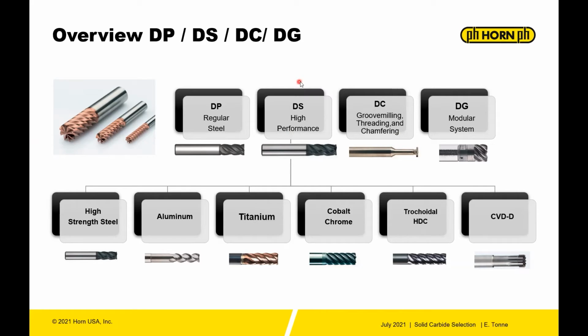If you look at the DS line, it's broken down even further, and more or less it's on a materials type basis or a process type basis. So you have high strength steel, aluminum, titanium, cobalt chrome, and then you have trochoidal or high dynamic cutting as a process.